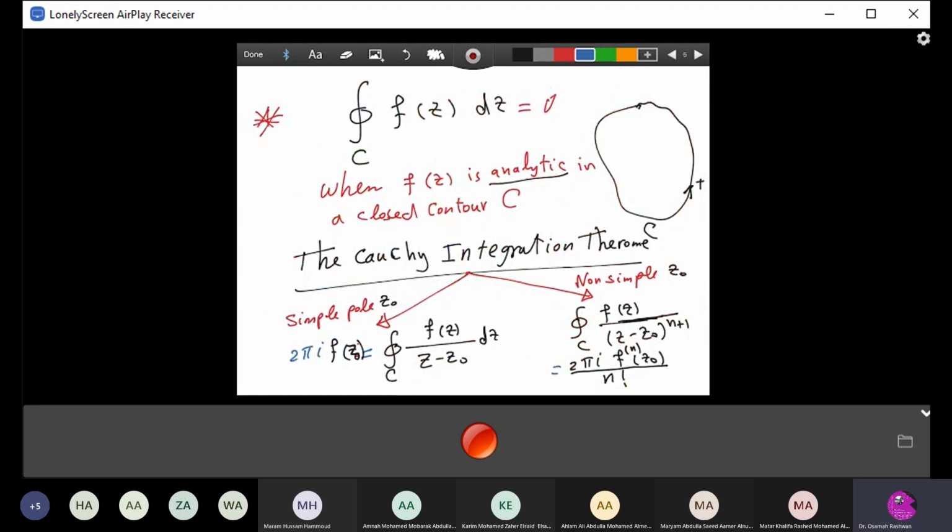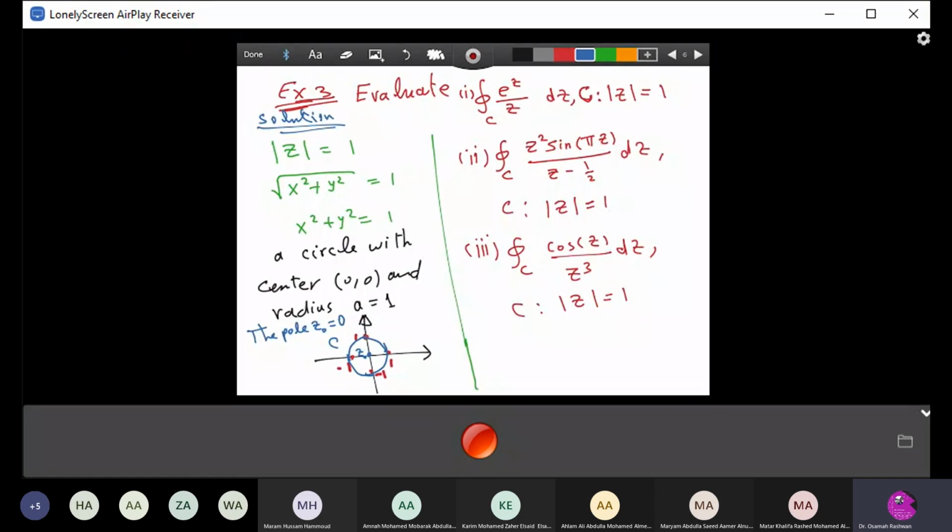So I have to add to this one Z naught inside C. So it is analytic. Okay? So this is inside C. My pole is included inside, so I have no problem. So I guarantee the condition of Cauchy is satisfied, right?